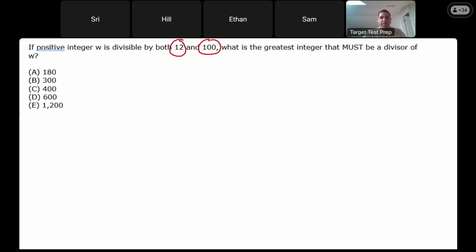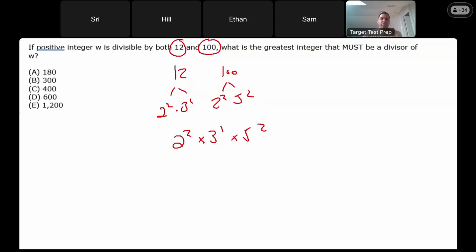So 12 and 100, right off the bat, do I think that I could come up with the LCM without cycling through numbers? Probably not. So instead, what I do is I actually do the primes out. So 2 to the 2, 3 to the 1, 2 to the 2, 5 to the 2, and then it's clear: 2 to the 2 times 3 to the 1 times 5 to the 2.